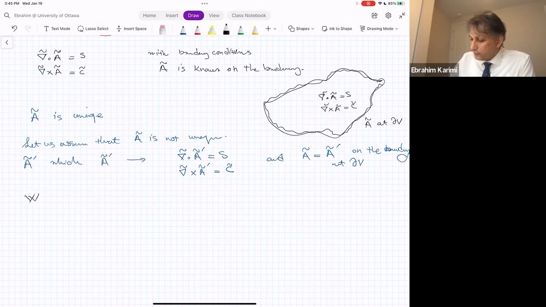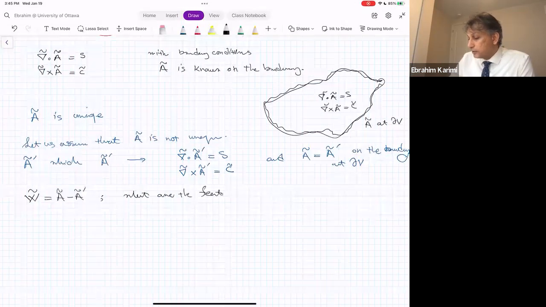I will define a vector W, which is A minus A prime. There is a difference between these two, okay? At the end of the day, I have to show that the vector W is 0. Now let's translate what are the properties, the features of vector W. What's going on with the divergence of W?